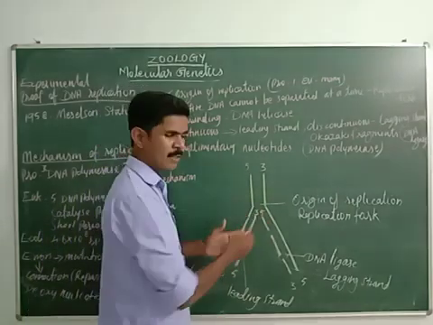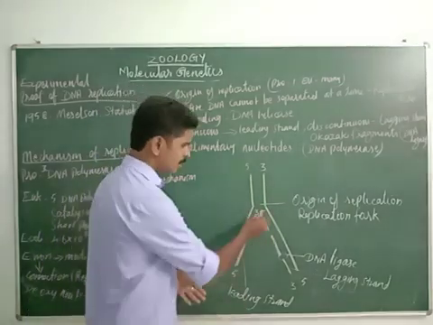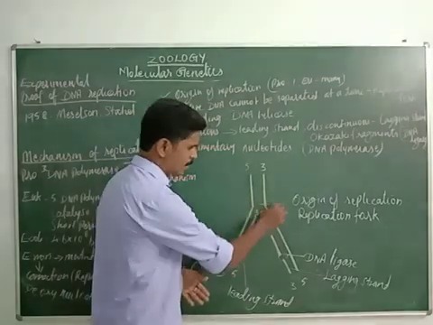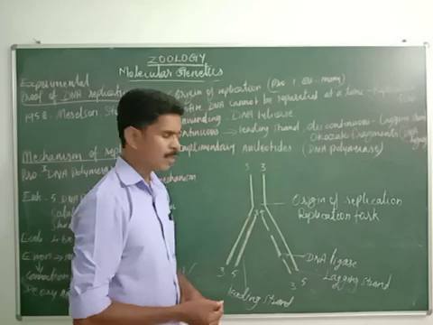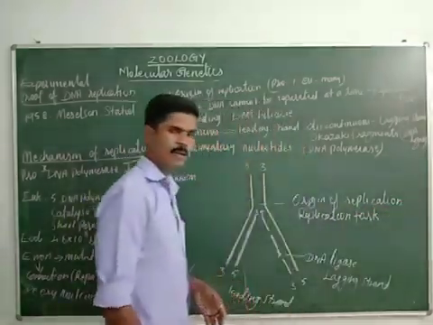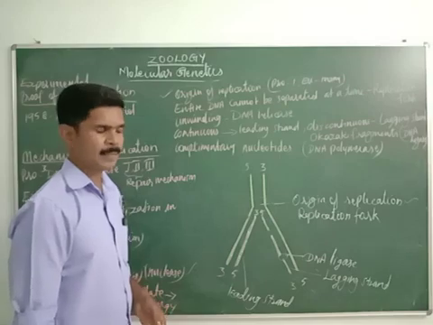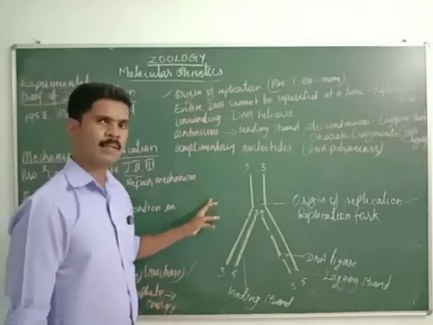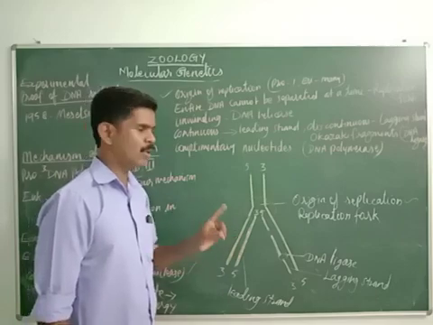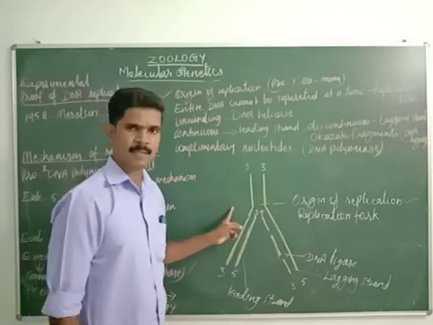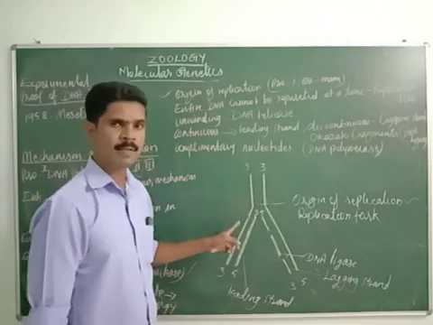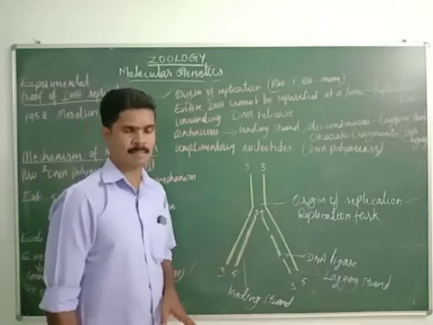So this is one DNA molecule, and in this region the DNA starts dividing. This region is called the origin of replication. In prokaryotic organisms, there is only one origin of replication site, but in eukaryotic organisms, there are many origin of replication sites.